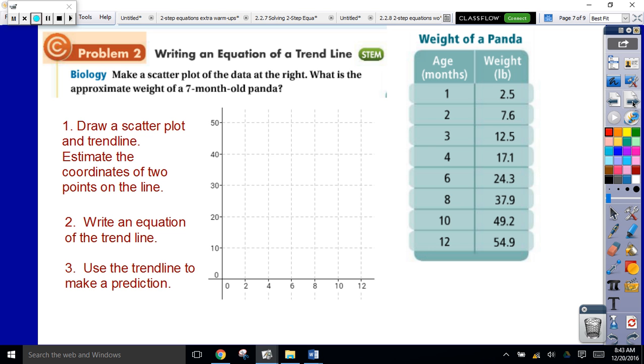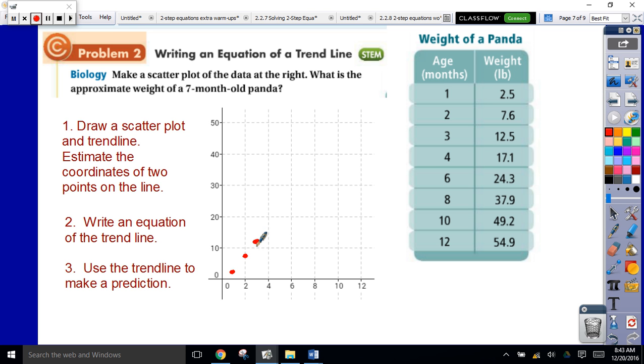Okay, so when the panda is 1 month old, its weight is 2.5 pounds. So that would be a fourth of the way up there. When the panda is 2 months old, the weight is 7.6 pounds. When the panda is 3 months old, the weight is 12.5 pounds.